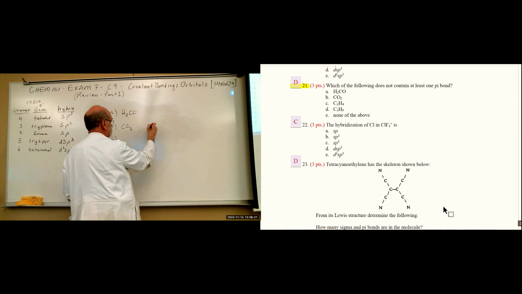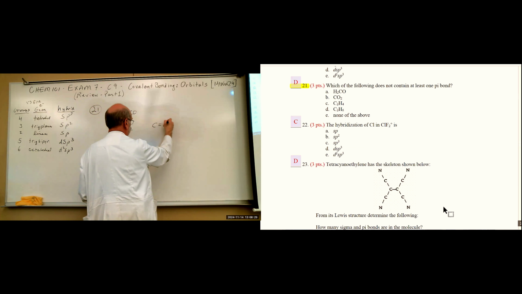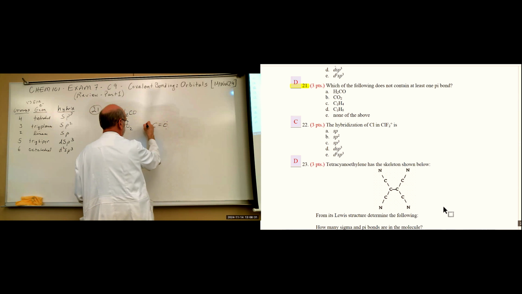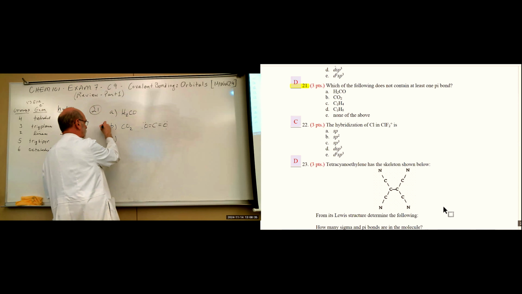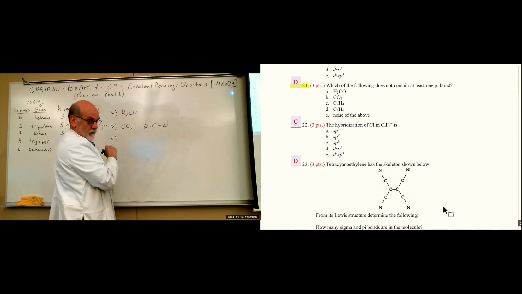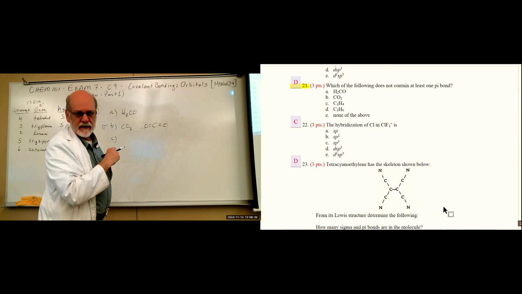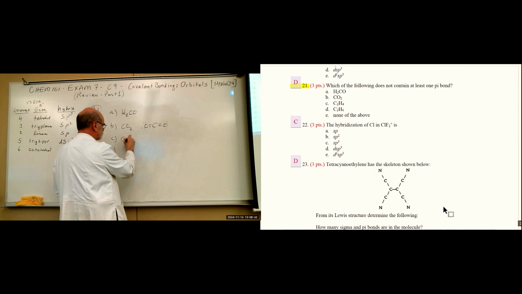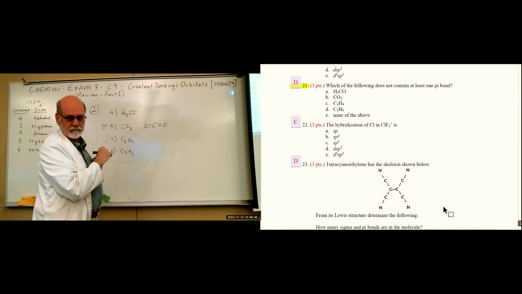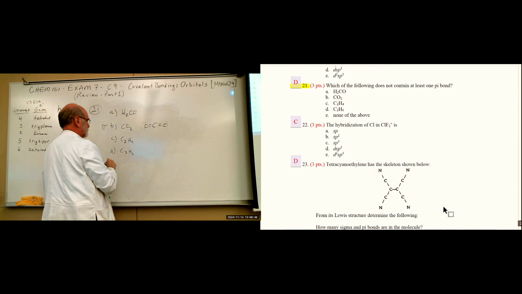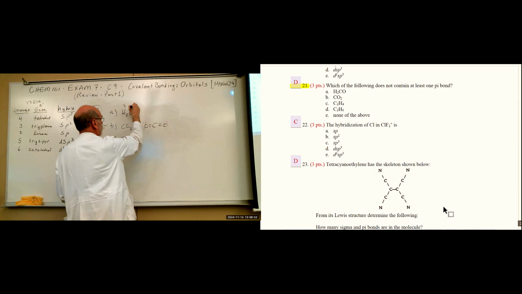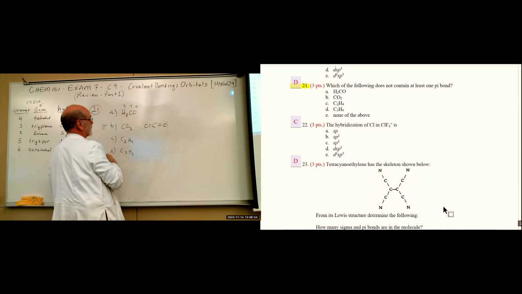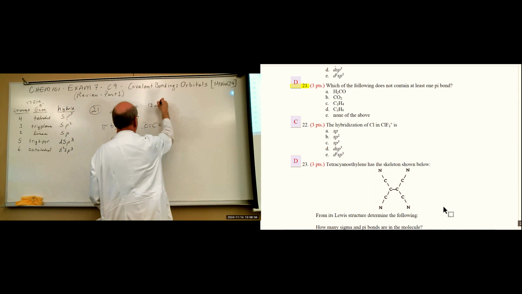CO2, we know this one is. That's got pi bonds. Let's see. C2H4 and C2H6, right? Okay. So how about this one? We've got 2 electrons here, got 4 there and 6 there. So that's 12 electrons.